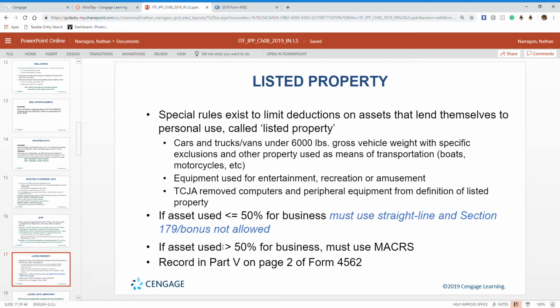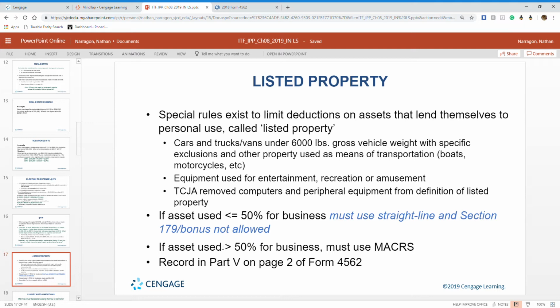And this will happen with cars and trucks under 6,000 pounds and any other transportation, boats, motorcycles, planes, etc. Also, it applies to equipment used for entertainment, recreation, or amusement, since we can probably use them for personal use.